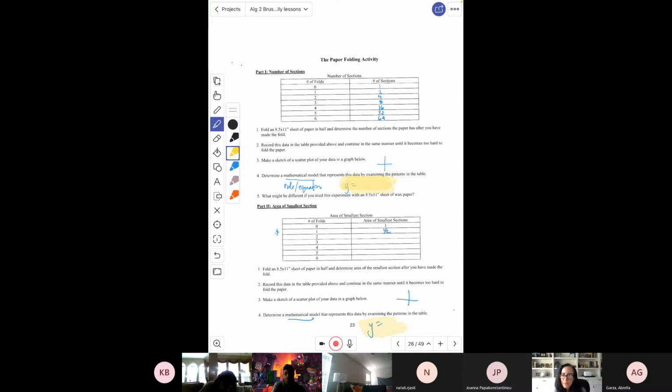So Ariana, Abiella, Christopher, when you finish the second table of values, go ahead and put your hand up in teams so that I can see that.